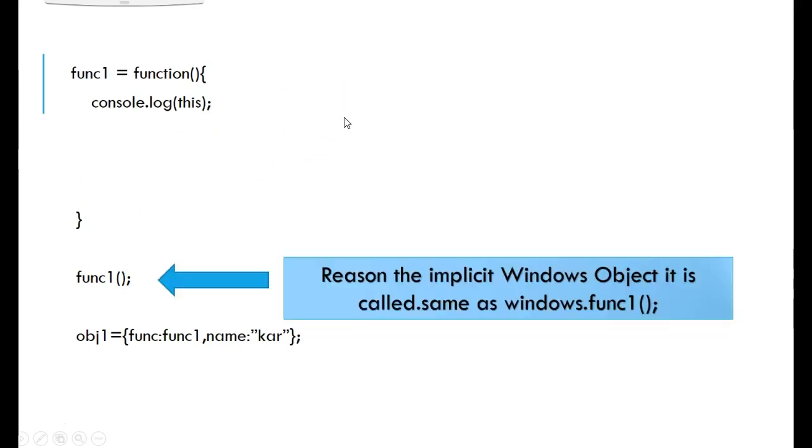The reason is that func1 is implicitly called with the window object. So it is implicitly replaced with window.func1 and not this.func1 as in traditional languages. So in this case, this will refer to the left hand side, which is window.